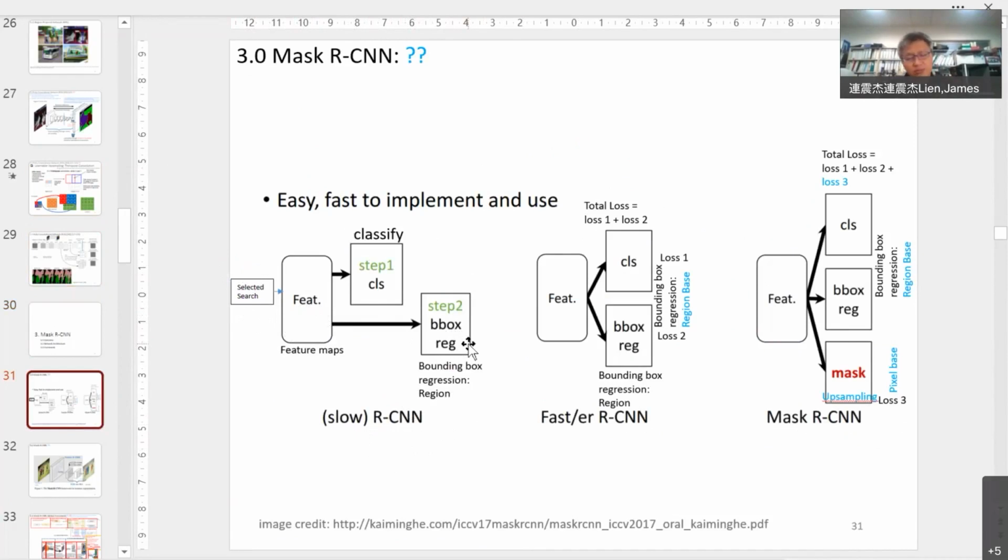That's a traditional method, and people keep improving. So Faster RCNN is completely a convolutional neural network. It does feature extraction and also does classification and bounding box regression.